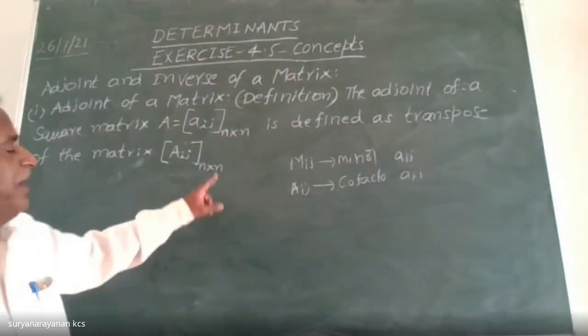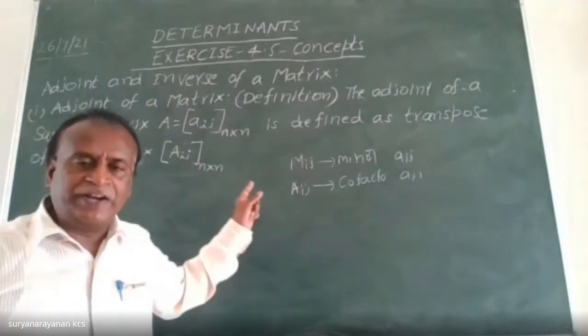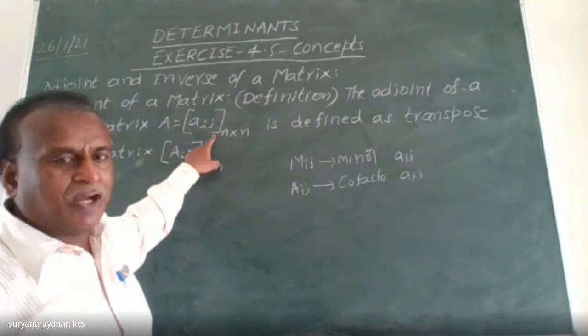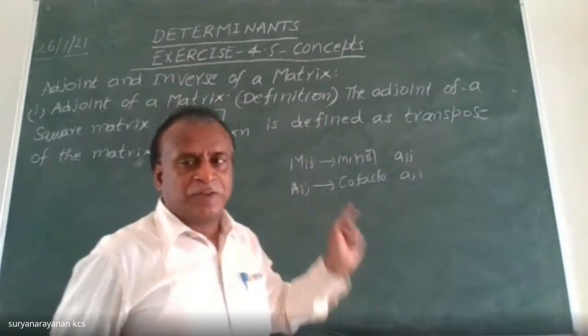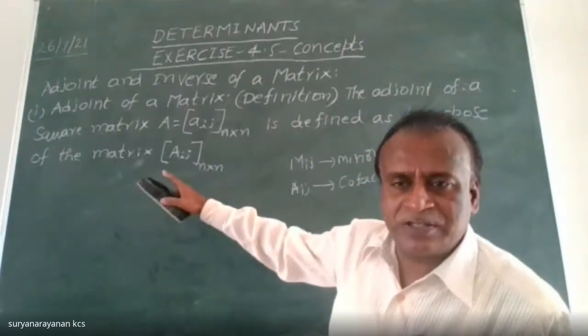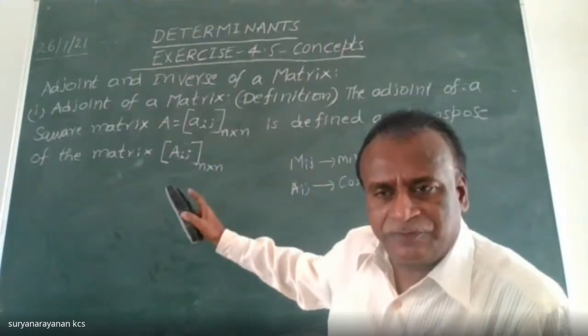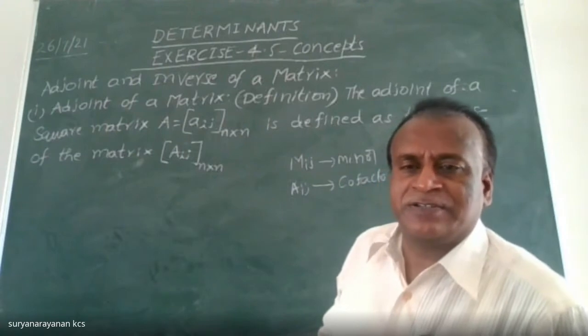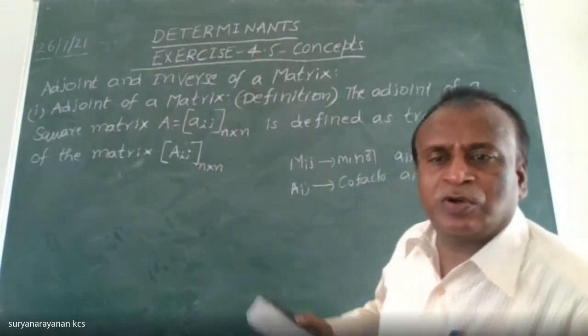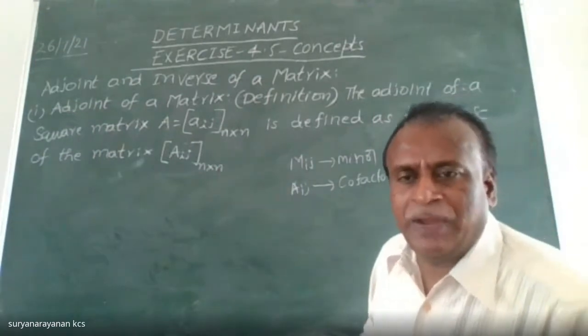So after finding the cofactors of every element in the given matrix, we have to take its transpose. That's all. We are connecting the concept of transpose of a matrix and cofactors of elements of a matrix. By using these two concepts, we are deriving the new concept, that is adjoint of a matrix.